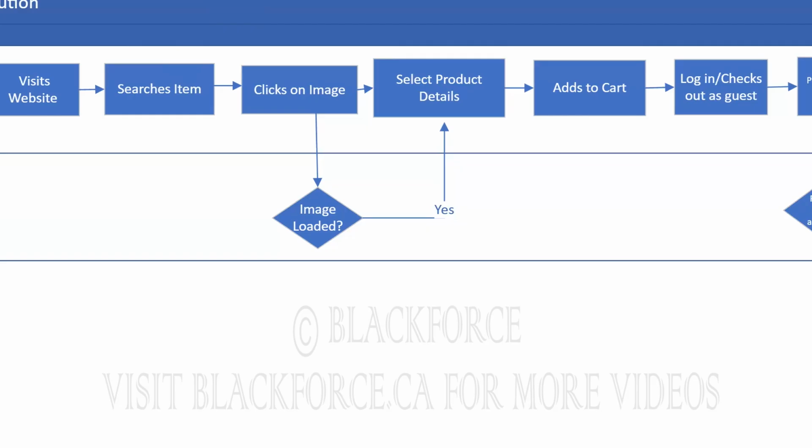Now, the customer is able to search on the search box for the item of interest. This is successful. The customer clicks on their image. Now, you can see there, image loaded, yes. The customer selects the product details, and this includes the size, the color, all of this seamlessly.